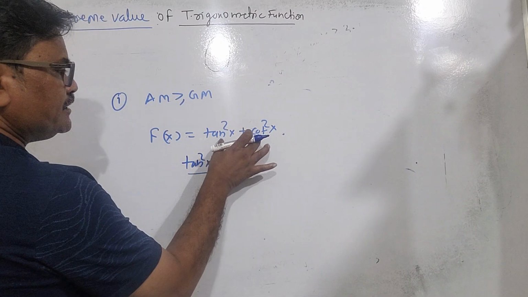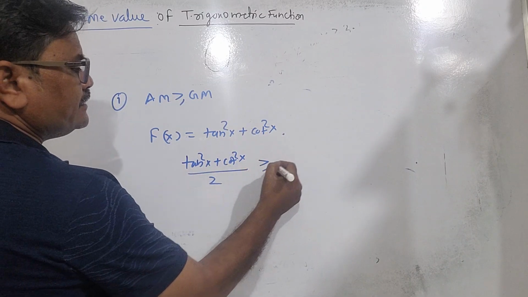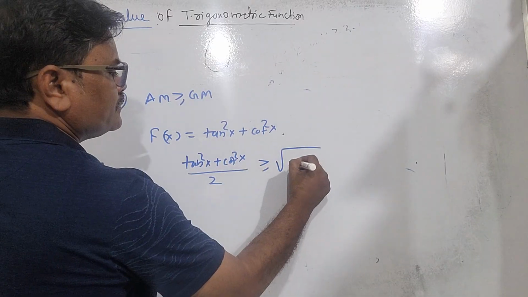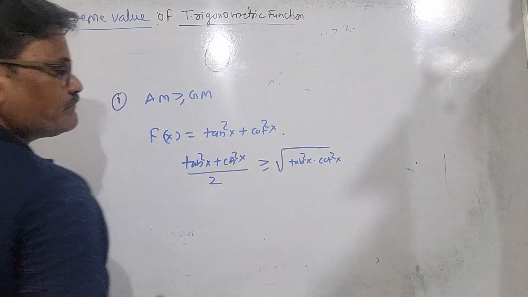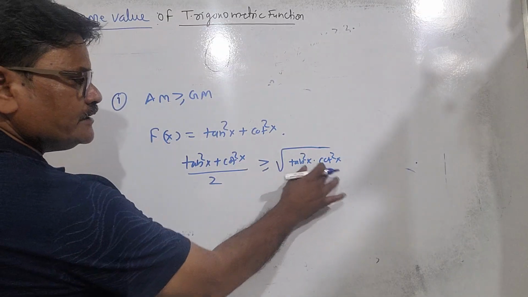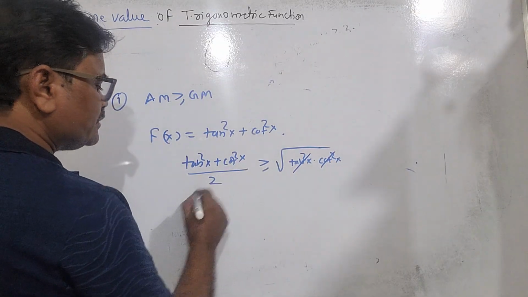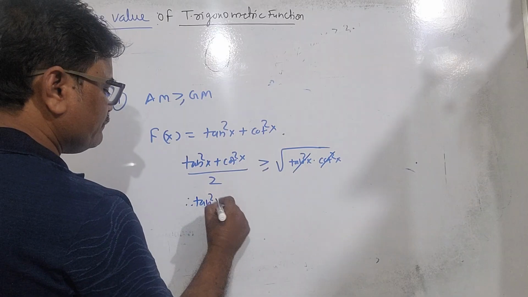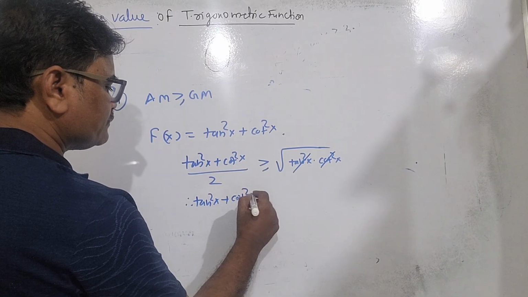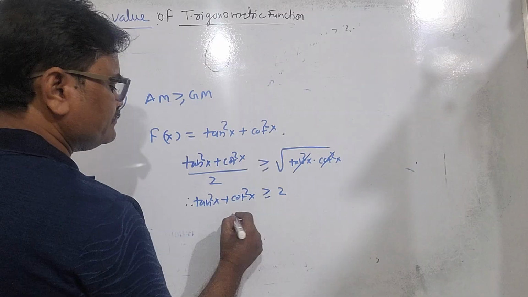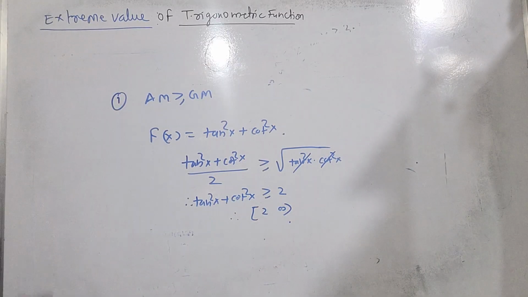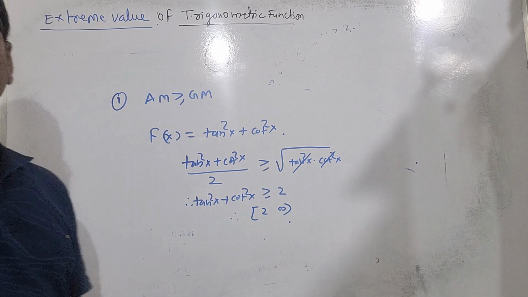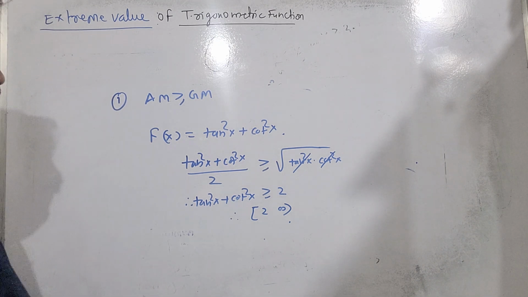This is the arithmetic mean of these two quantities, is greater than equal to square root of tan square x into cot square x. This is the geometric mean, correct? So this is 1 only, this will get cancelled out. So therefore tan square x plus cot square x is greater than equal to 2. That is, range is 2 to infinity. Got it? By AM greater than equal to GM we can find this out.